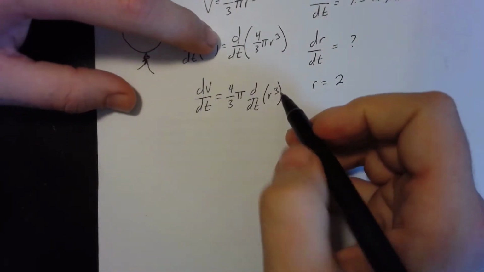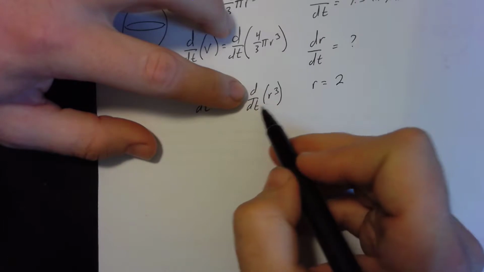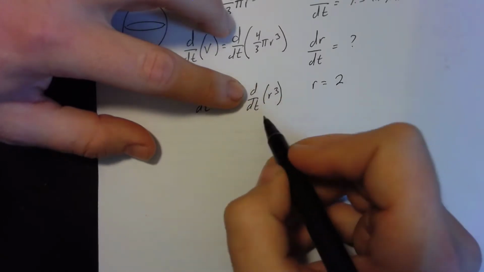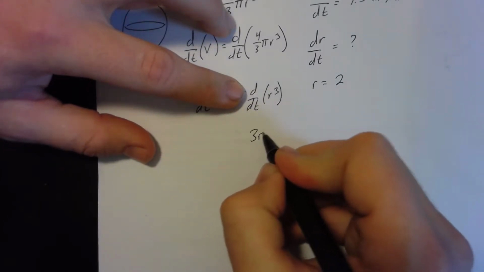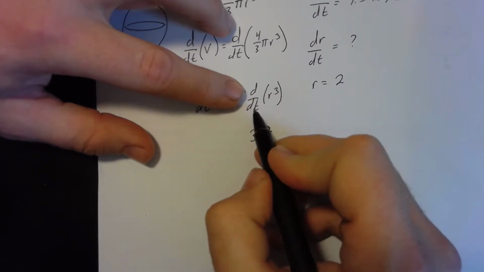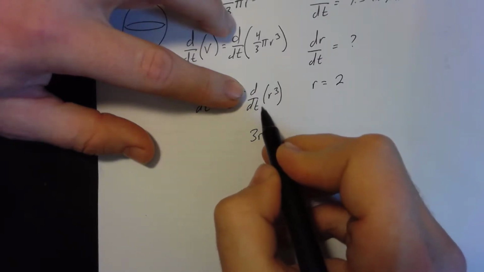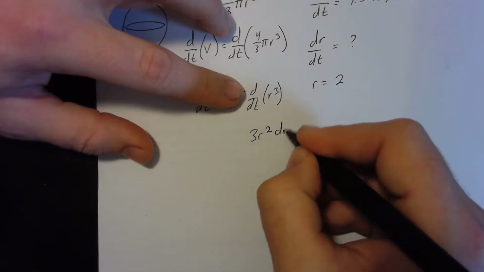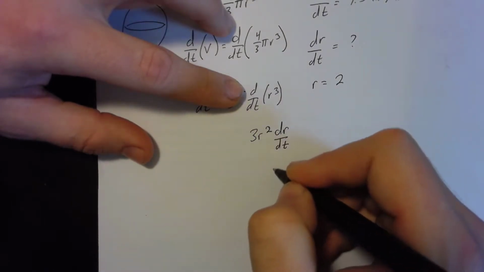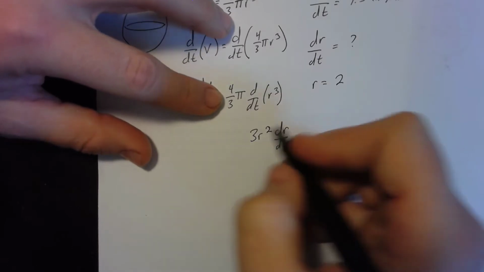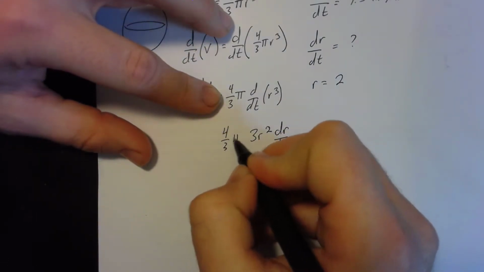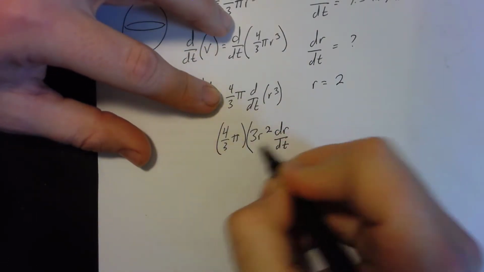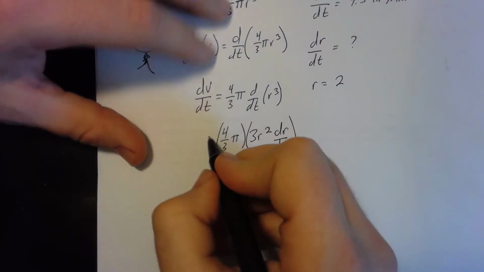The derivative of r cubed is 3r squared, and then don't forget that since we're taking the derivative with respect to time, I must take the derivative of that r value too, so dr dt. All of this is multiplied by 4/3 pi, in parentheses, and this is equal to dV dt.